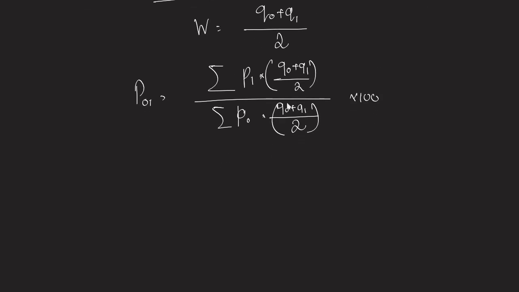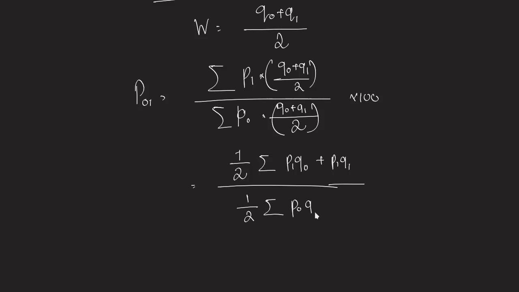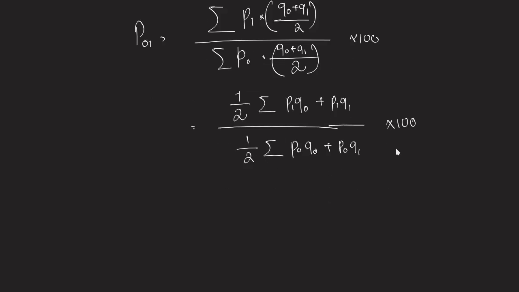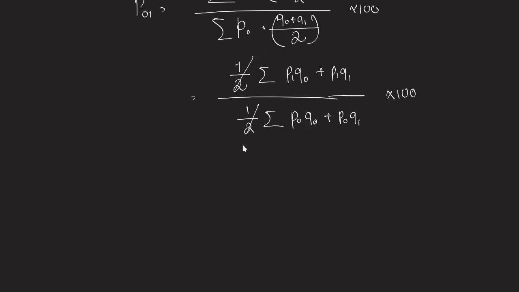Now the 2 is a constant in both, so you can write it outside. Half summation p1 q0 plus p1 q1, by half summation p0 q0 plus p0 q1, into 100. So these two half terms cancel out.